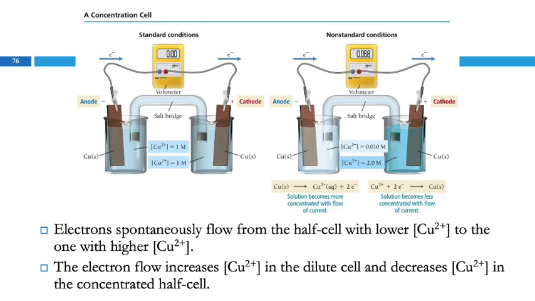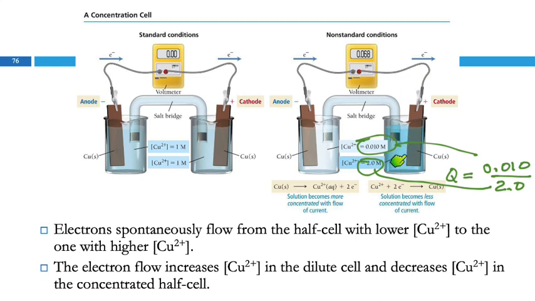And so our Q is this one divided by that one. So as electrons flow from this side to that side, there's a lot of copper ions here.